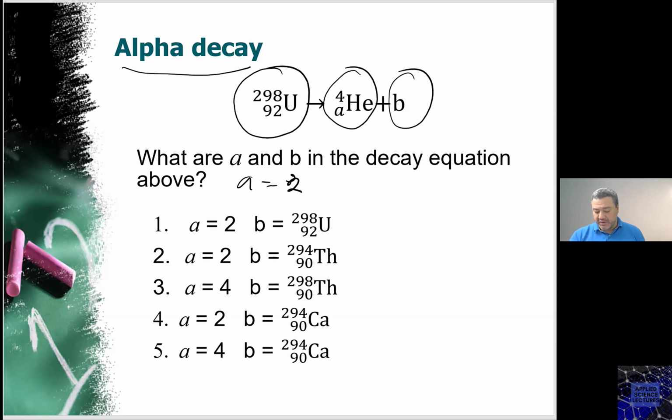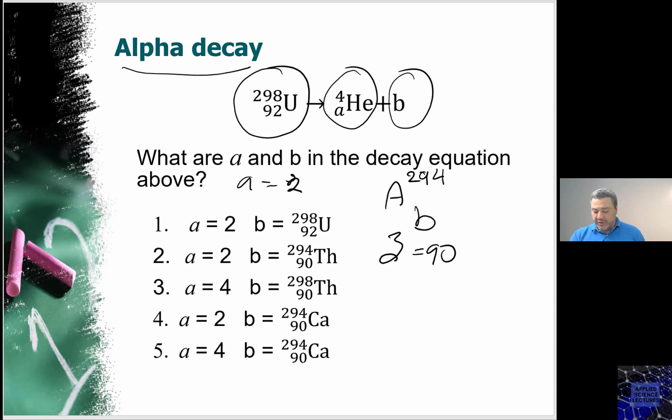I'm missing here, this B has an A and Z, where A is the mass number and Z is the atomic number. So in this case, if I take 92 and subtract 2 from it, then Z would be 90. And then 298 minus 4, this one would be 294.